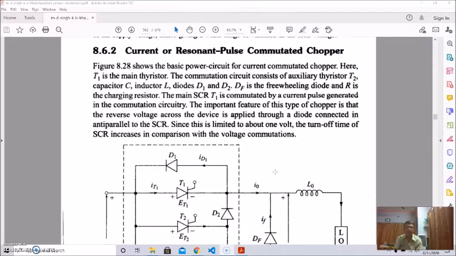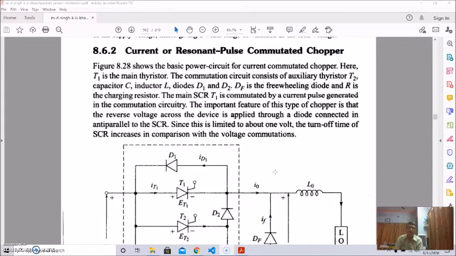Then we discussed the voltage commutated or impulse commutated chopper circuits and their design considerations, that is, the design of the commutating capacitor and commutating inductor.